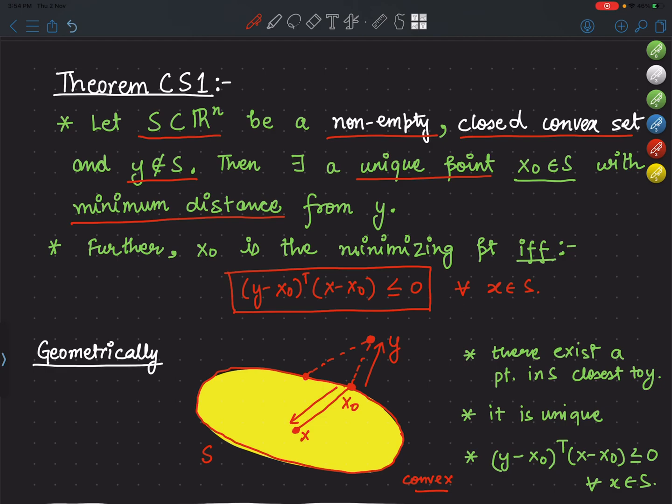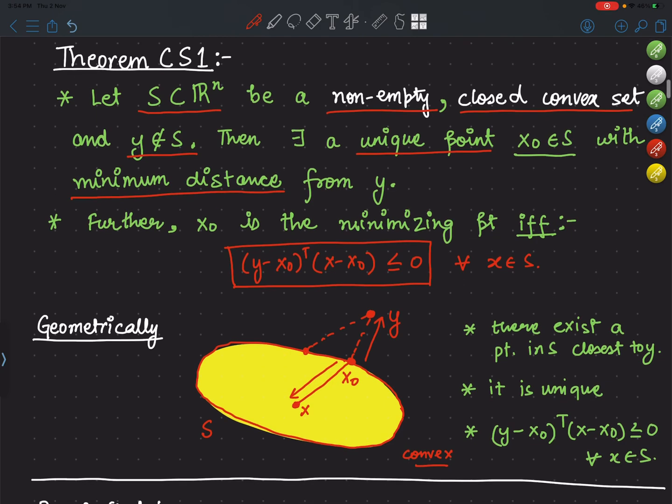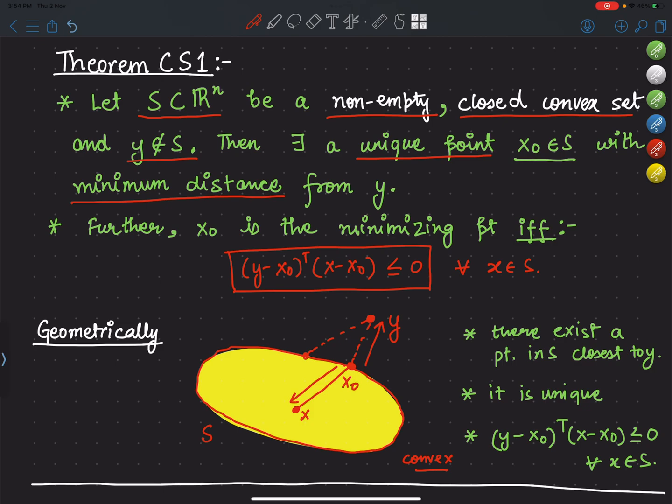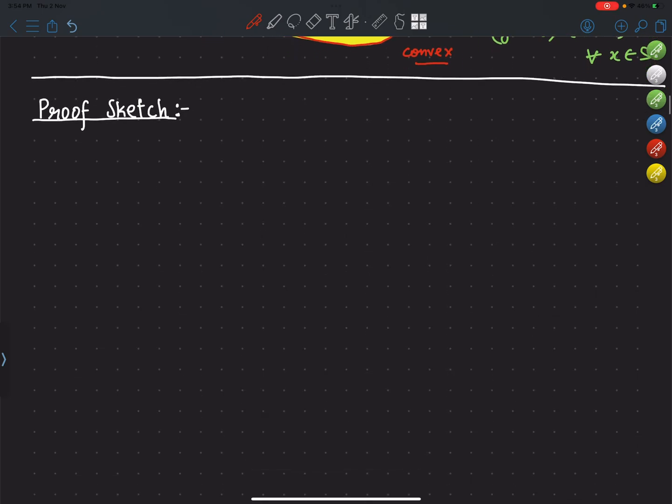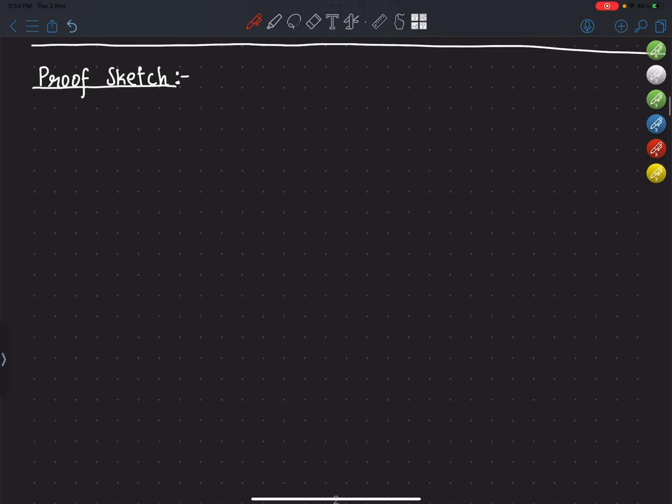So their dot product is always non-positive, so they always form an obtuse or 90-degree angle. They never form an acute angle. This is the geometrical interpretation of the theorem. Let's now try to prove this theorem. We'll not go line by line through the proof. I'll just give you a proof sketch through which you will be able to prove the theorem.